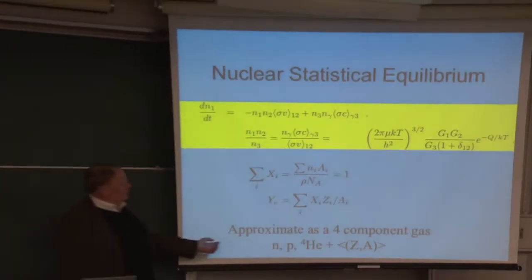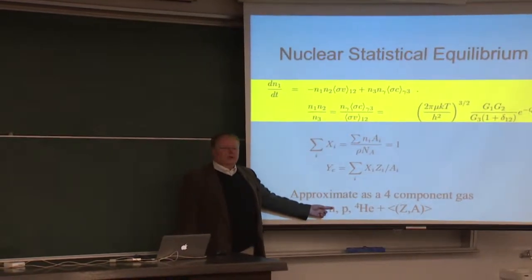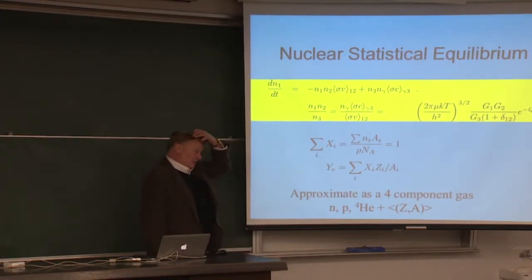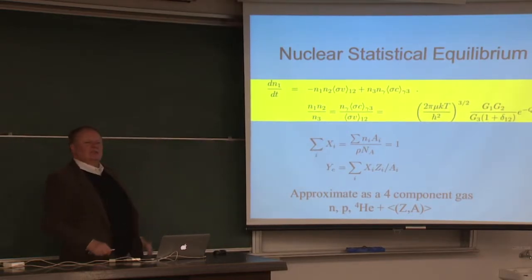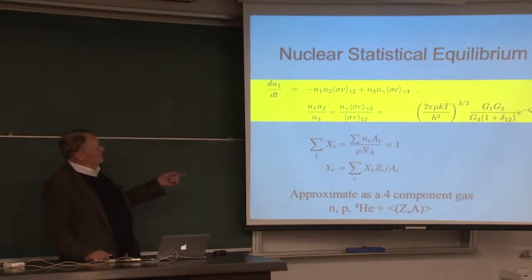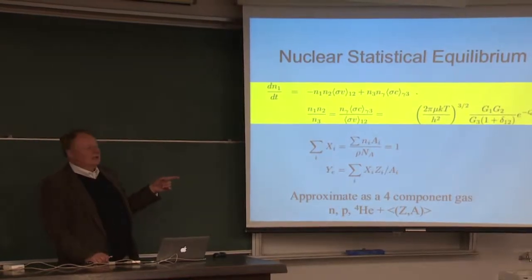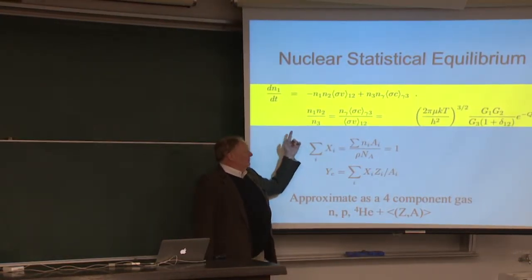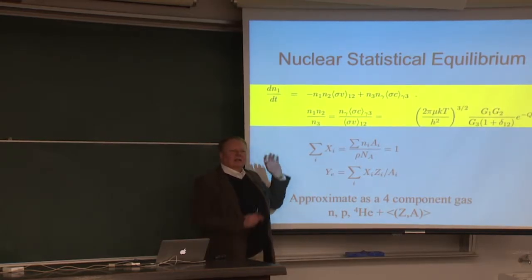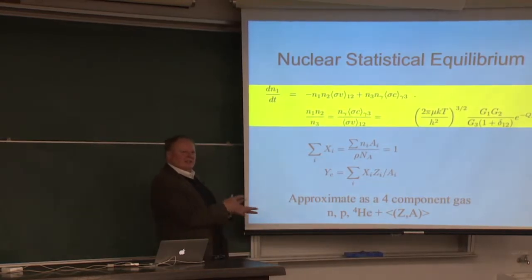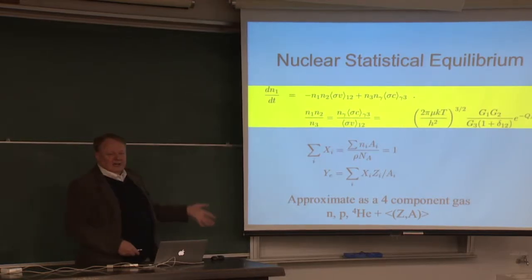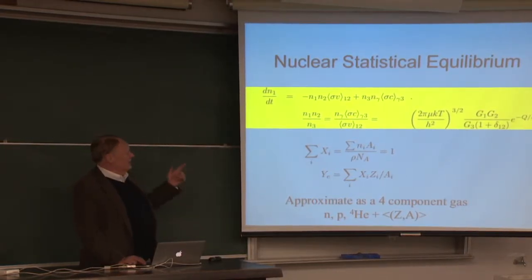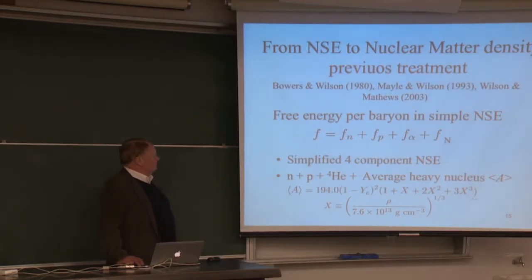And what we do is we approximate it as a 4-component gas of neutrons, protons, heliums, and one average heavy nucleus. The reason is because even though it's a simple equation, it takes a lot of time if you want to calculate for every temperature, density, and condition the entire range of thousands of nuclei that could be there. Although it turns out one needs to do that.